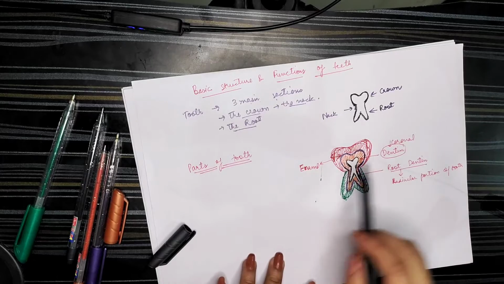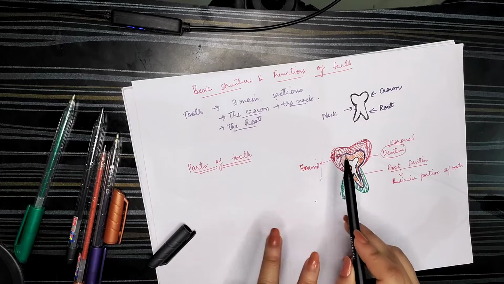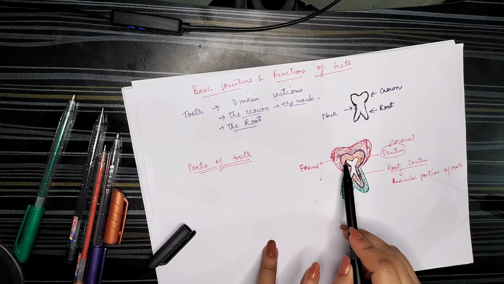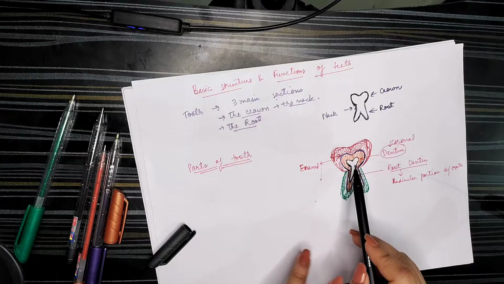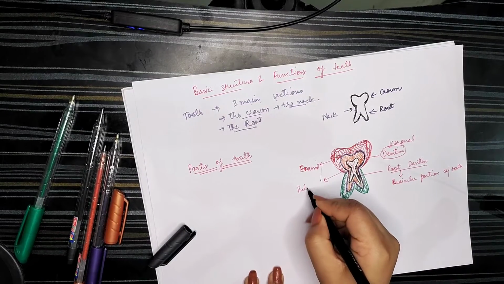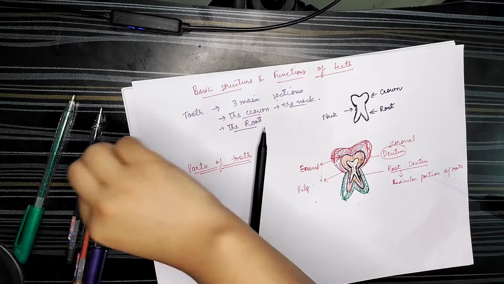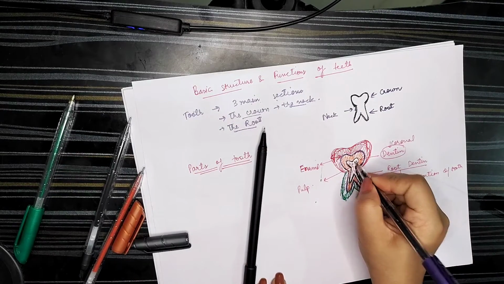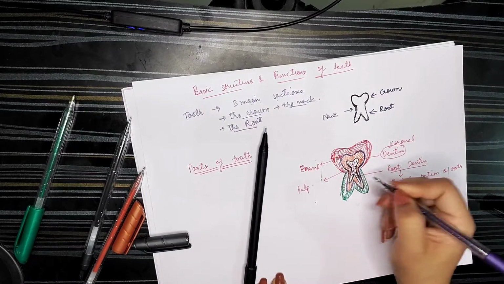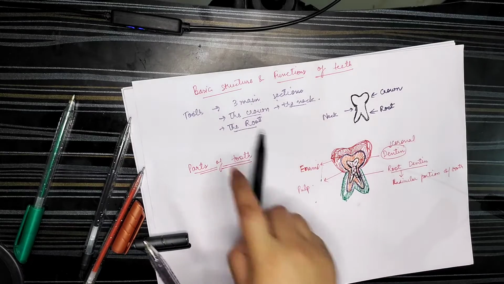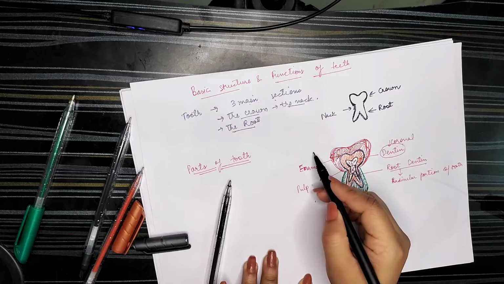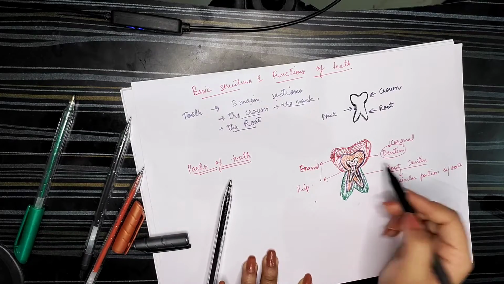Okay, so this is enamel, which is the outer layer of tooth. Inside enamel there is a layer known as dentine, and if we go deep into the tooth, there is pulp. This portion is known as pulp. Now we are done with the parts of the coronal portion of the tooth.